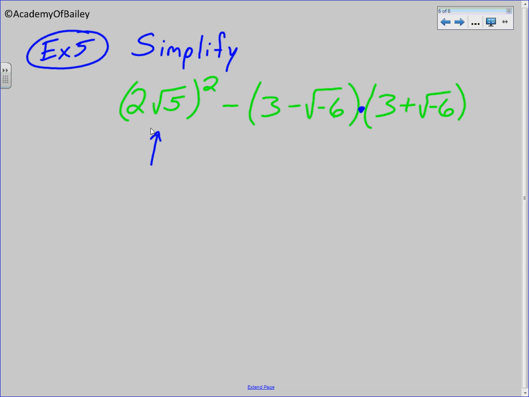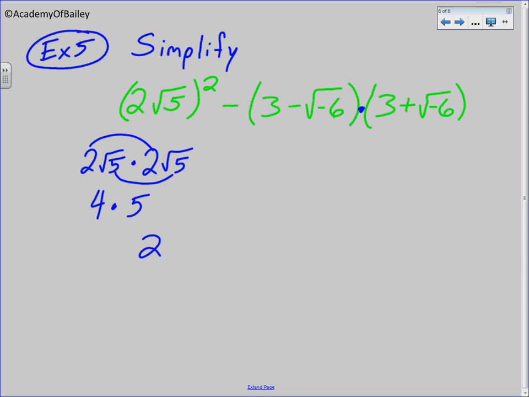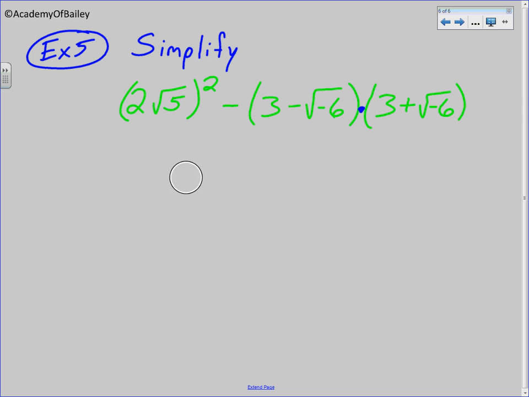Next step down is exponents. We can go ahead and do these exponents here. If we have 2 square root of 5 times 2 square root of 5, well, 2 times 2 gives us 4. Square root of 5 times square root of 5 is 5, which then is 20. Four times 5 makes 20. That's why that was 20.